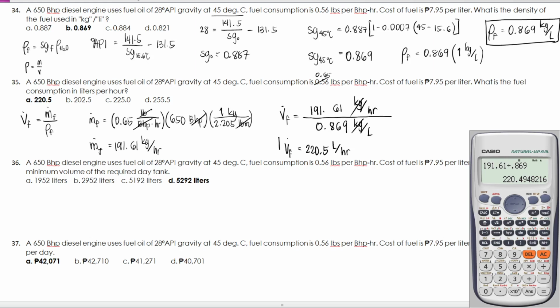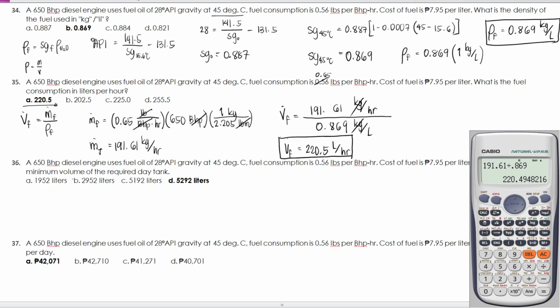Ayan. So, again, kung gagamitin natin is yung sadyang nakalagay dito sa ating problem na 0.56, so hindi natin mapapalabas na ganito ang tamang sagot. Pero kung ito troubleshoot natin at gagawin natin siyang 0.65, so sakto sa choices, 225 liters per hour. Okay, the next one, number 36.